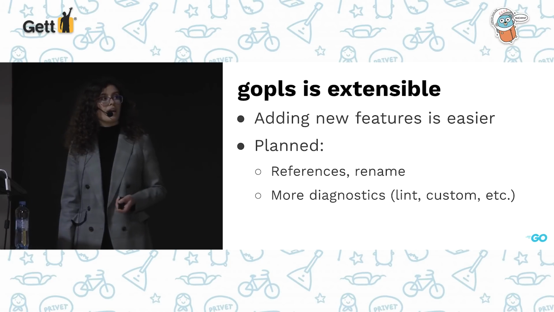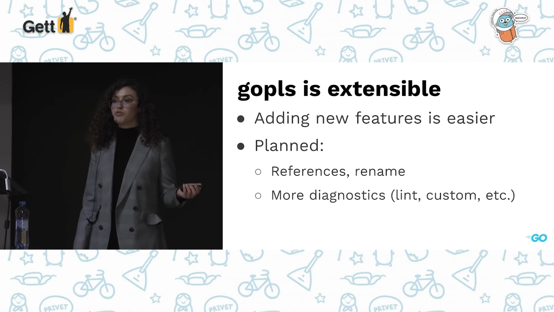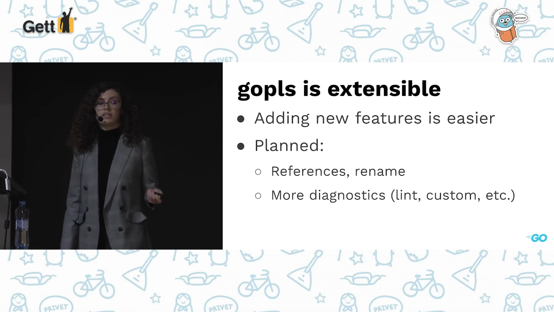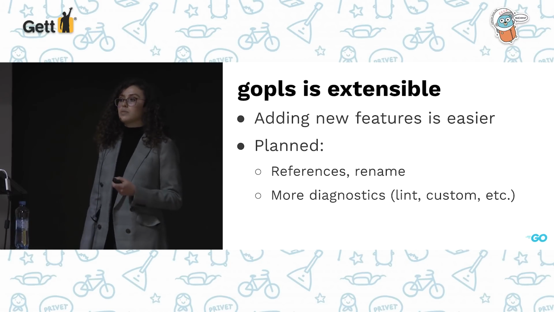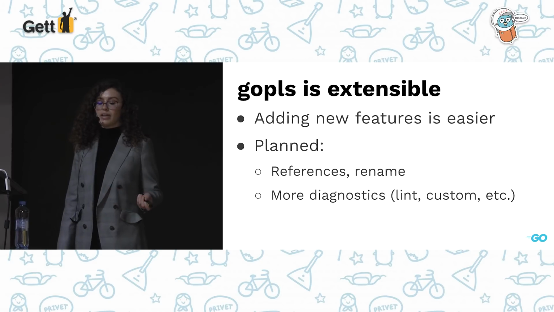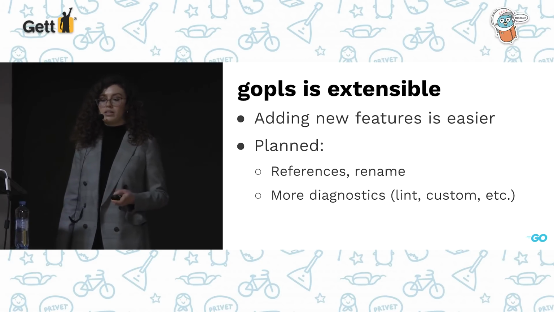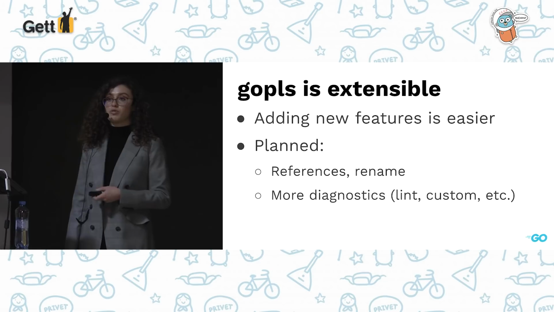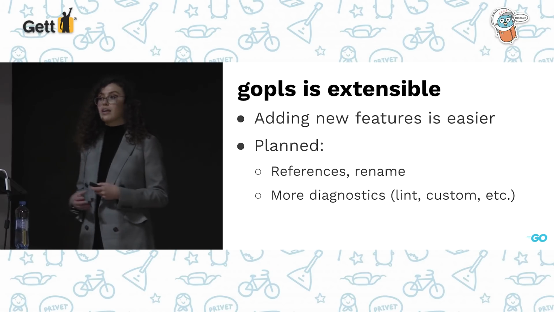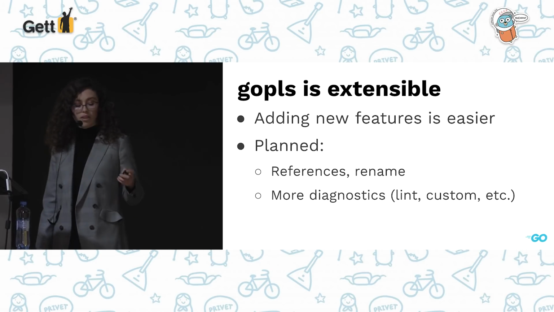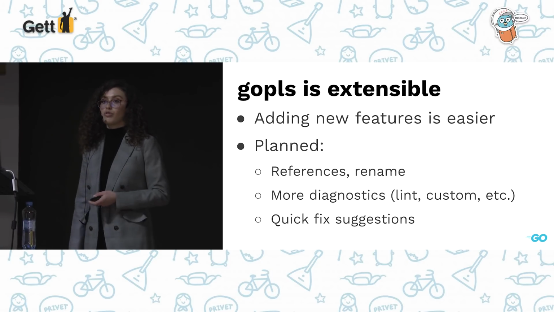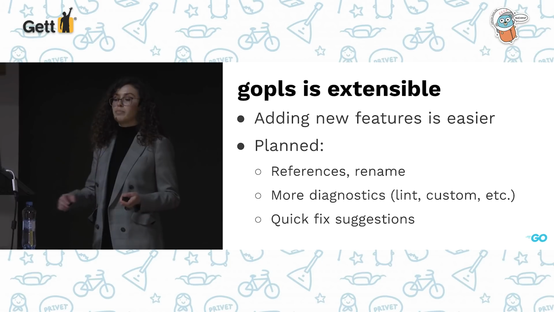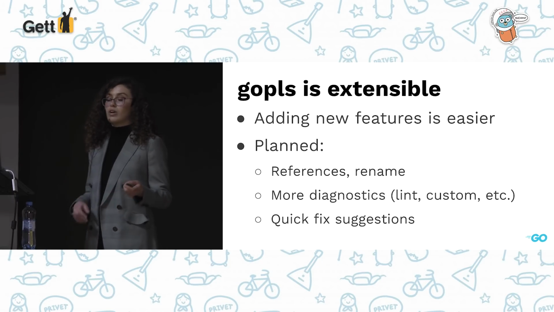You saw that we had Go build and Go vet errors as part of GoPlease, but we will also be adding lint errors, and we also want to add support for custom diagnostics. So if your company has some checks that it runs before you submit code, we can plug that into GoPlease. And also, we're going to be working on quick fix suggestions. So if you have an error in your code, we can pop up a box and you can accept the fix.